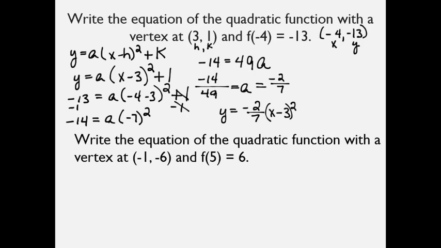Be sure to put that in parentheses, quantity squared. And then I'm missing one thing, plus 1. That second line is the original formula without the a. Okay?